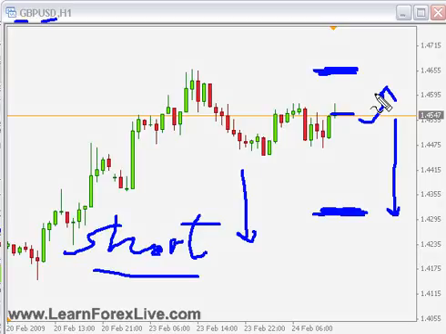The point of stop losses is to protect yourself in case you enter the trade and walk away from your trading computer, and you know that at least the maximum amount of pips you're going to lose in that trade is 100 pips.